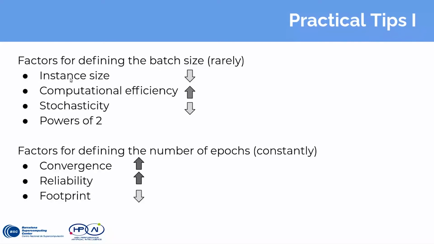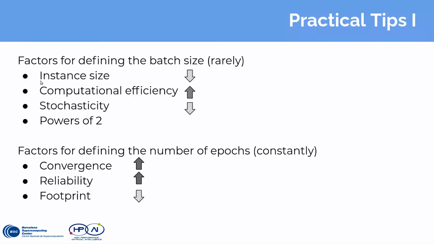First is the size of your instance, so the size of every particular individual data point. For example, if we have one image that is 32 by 32 pixels, this is a small size, so we can use a large batch size with that.